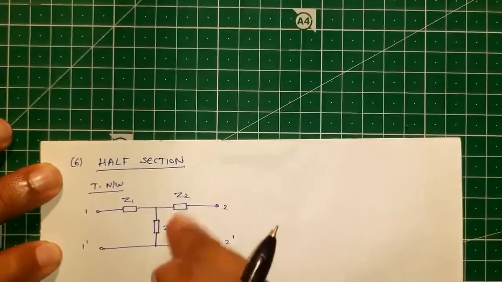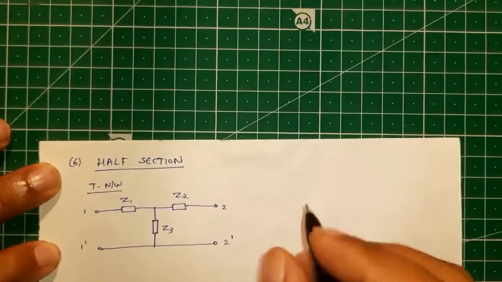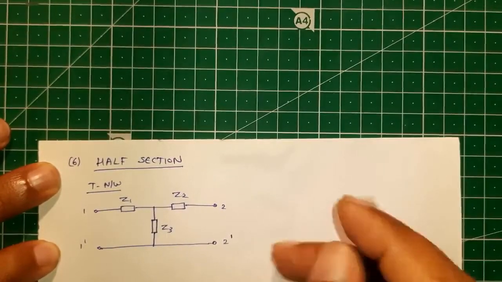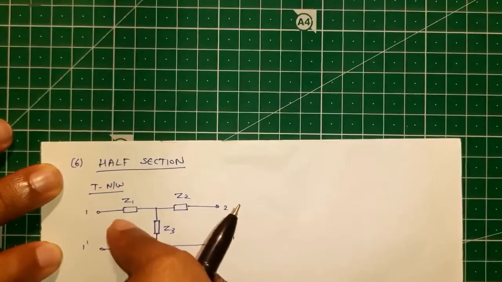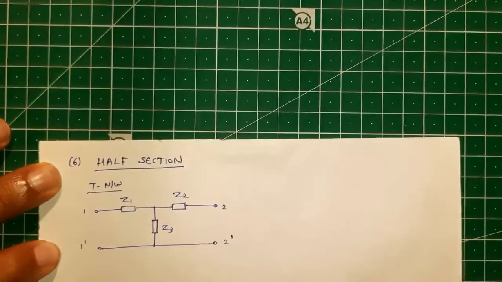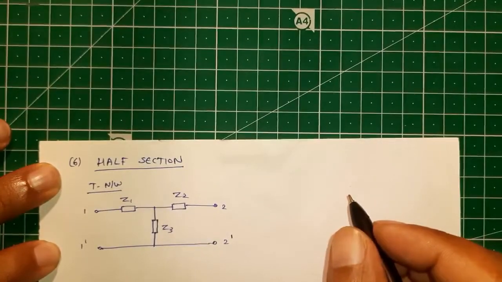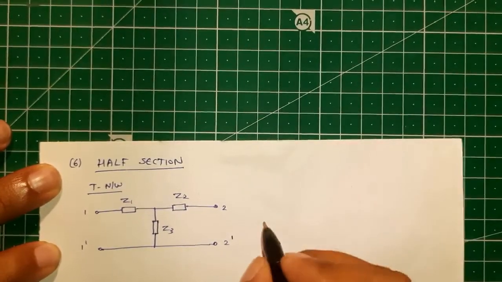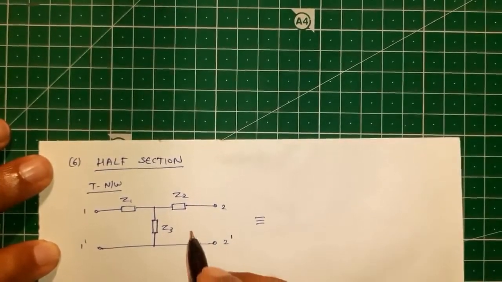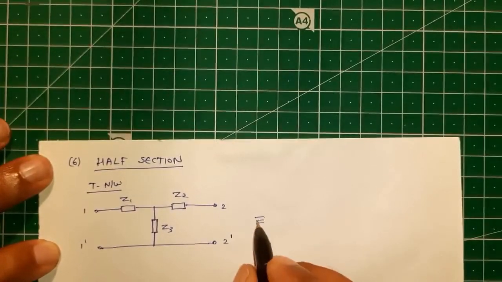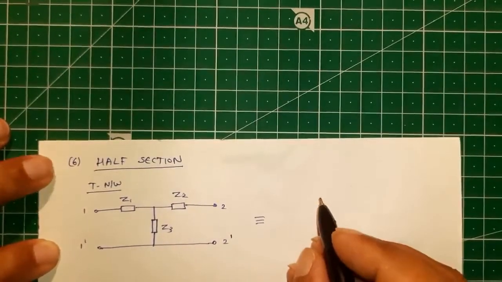So how can we split this network into two halves? We have to split along the shunt arm. There is no change going to happen for Z1 and Z2. So we can represent this T network as an equivalent half section.